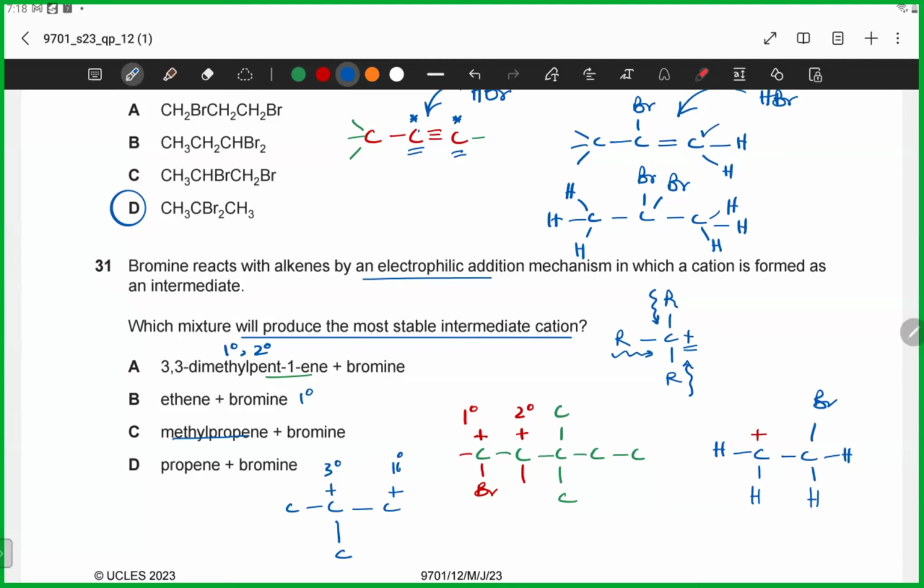This is actually 3 degree, ठीक है. It's a tertiary carbocation क्योंकि उसके साथ 3 carbon chains attached हैं. तो that's it, that's going to be C. Clear है ये? Yes, sir.